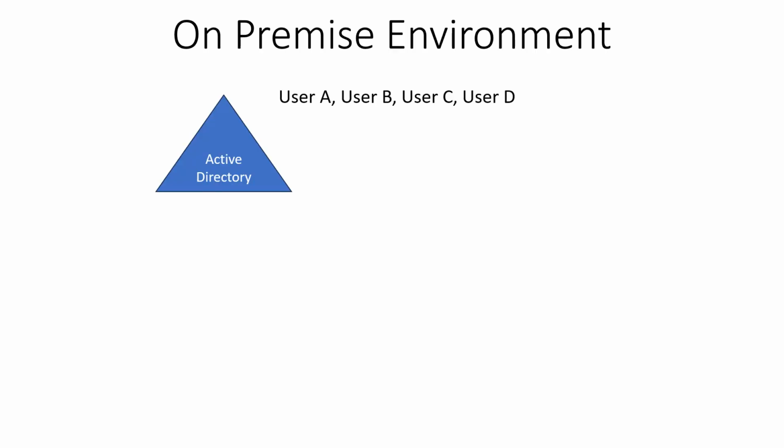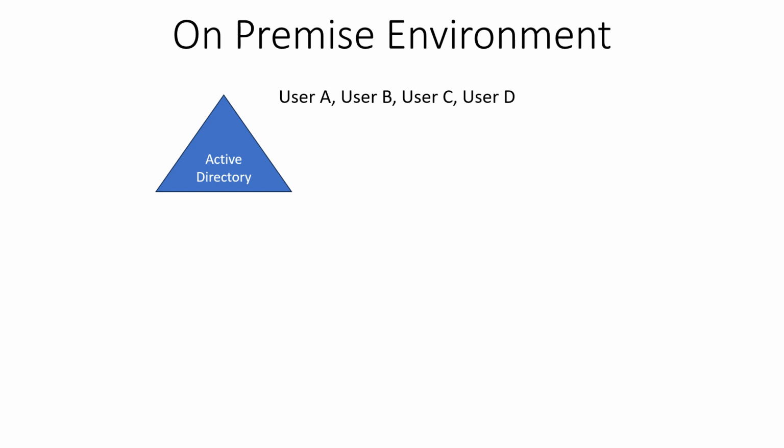First, we will understand on-premises Exchange environment. I'll give you an example. Suppose we are opening an organization with four users, user A, user B, user C, and D. So, in order to create their account, we need their identification number, we need to store their mobile number, we need to store their contact information.